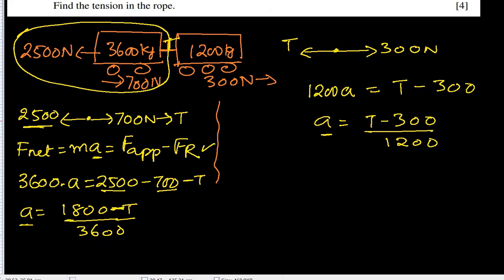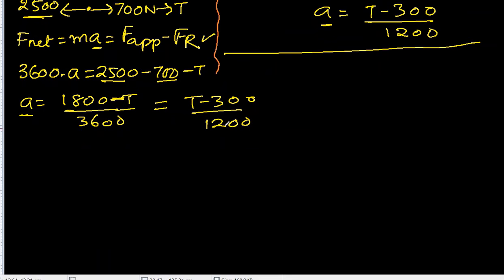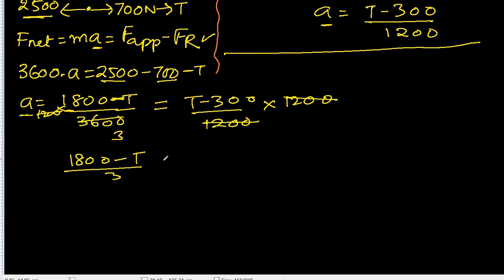Since this acceleration is the same for both, we'll equate them. So 1800 minus T over 3600 equals T minus 300 over 1200. Let's get rid of 1200. Multiply this by 1200, and multiply this also by 1200. So this 1200 and 3600 cancel, and we are left with 1800 minus T over 3 equal to T minus 300.